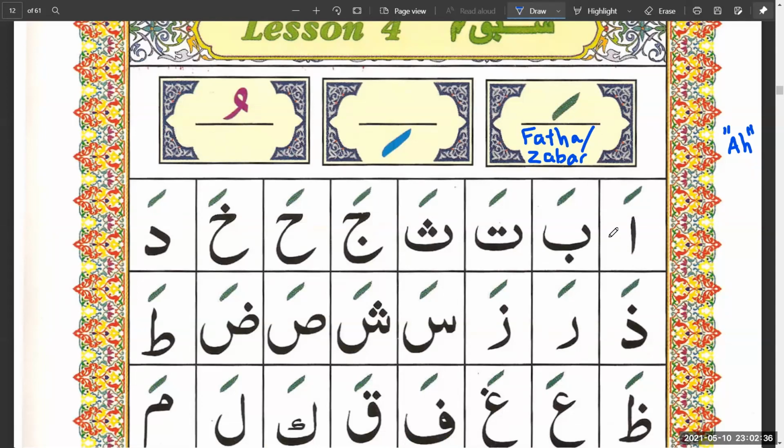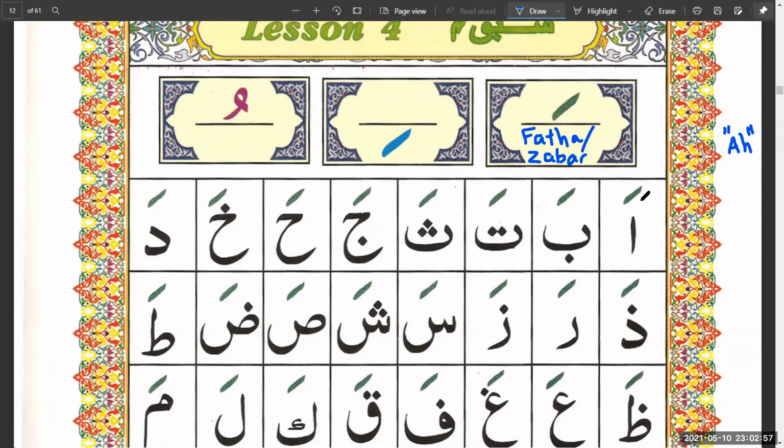You will open to page 10 of your book for this lesson, and we will be looking at the symbols associated with the Arabic letters that help us read them properly. In today's lesson, we're going to be looking at this first green symbol here. This green symbol is really just a line that comes at the top of every letter.